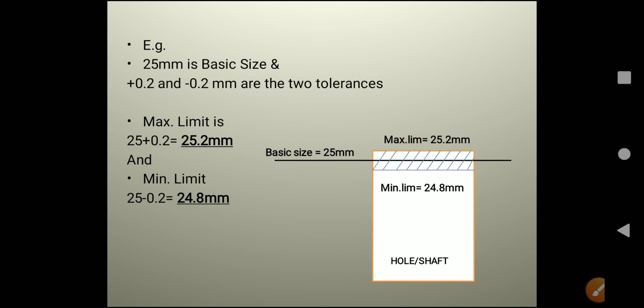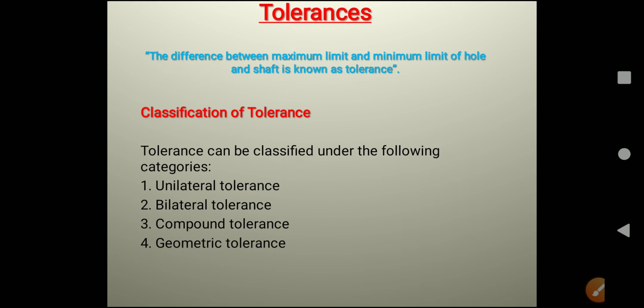Going to the next concept, that is tolerances. As we discussed in the previous lecture, what is meant by tolerance. Again, take a glance at the definition of tolerance: the difference between the maximum limit and minimum limit of hole and shaft is known as tolerance.